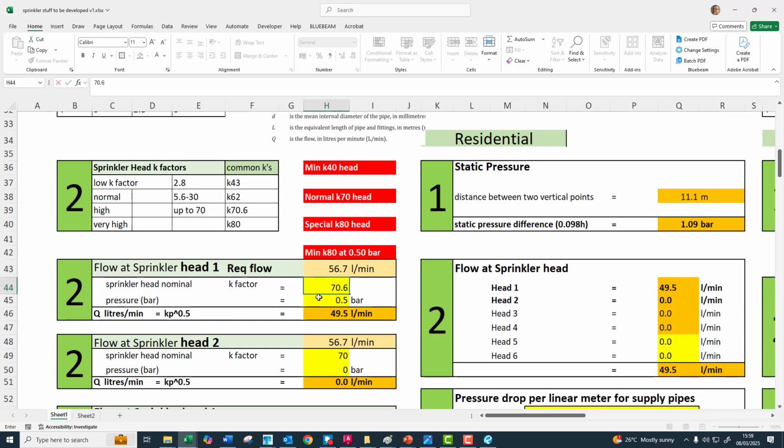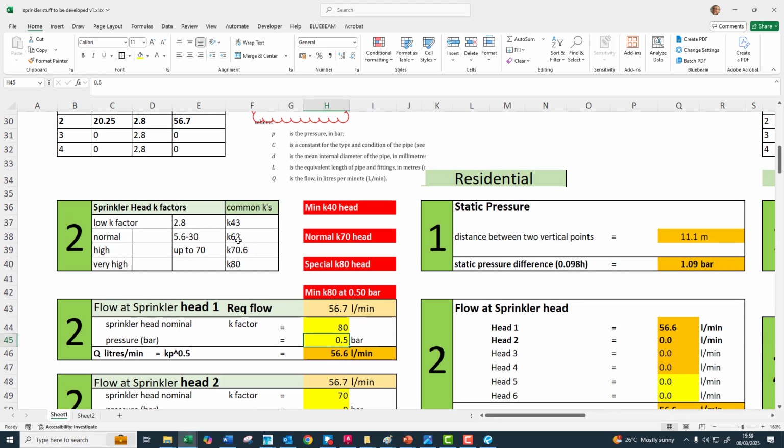So we need a bigger K factor. We'll go on to a K80, which is a little bit more specialised, but they are available, and that gives us 56.6. The reason I'm going to still run with this is that when we get to designing the pump, there's no way the pump will be bang on the money.